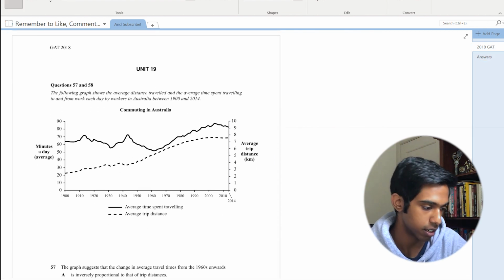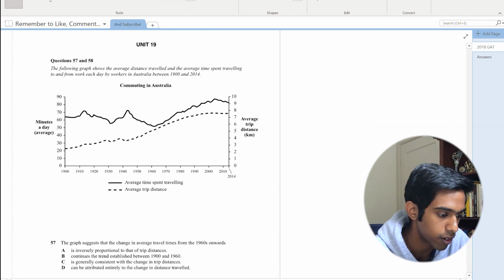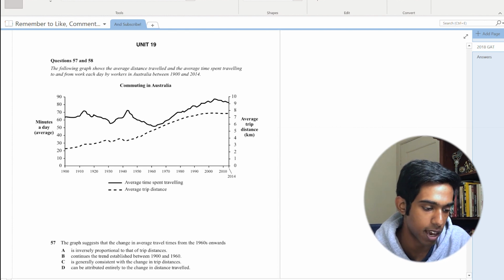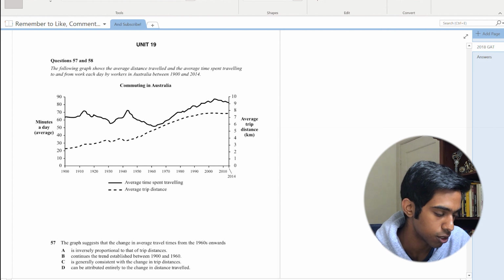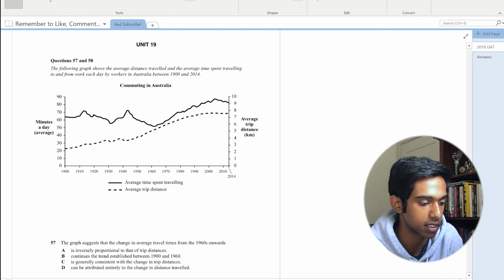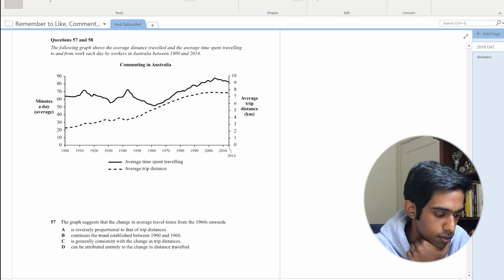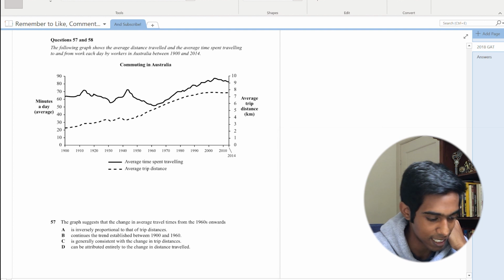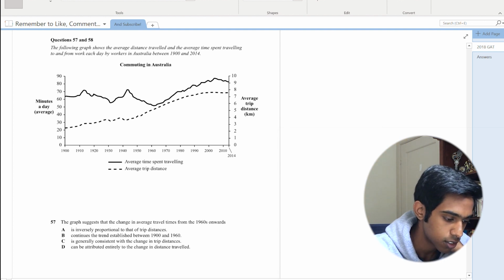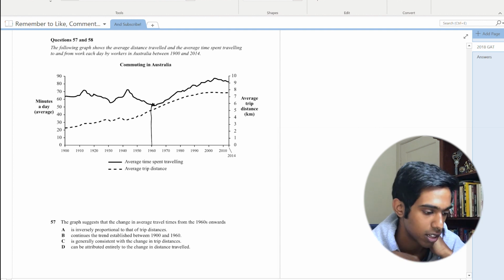Now, question 9, unit 19. The following graph shows the average distance traveled and the average time spent traveling to and from work each day by workers in Australia between 1900 and 2014. The graph suggests that the change in average travel times from the 1960s onwards. So average time spent traveling is this, so the solid line.